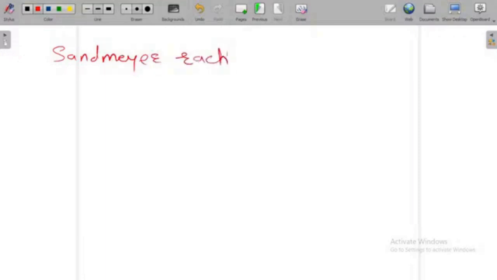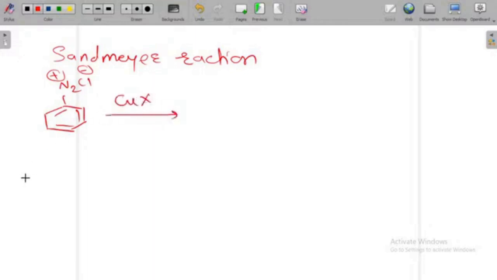The Sandmeyer reaction is when benzene diazonium chloride, C6H5N2+ Cl-, is reacted with copper halide in presence of HX, it produces halobenzene.